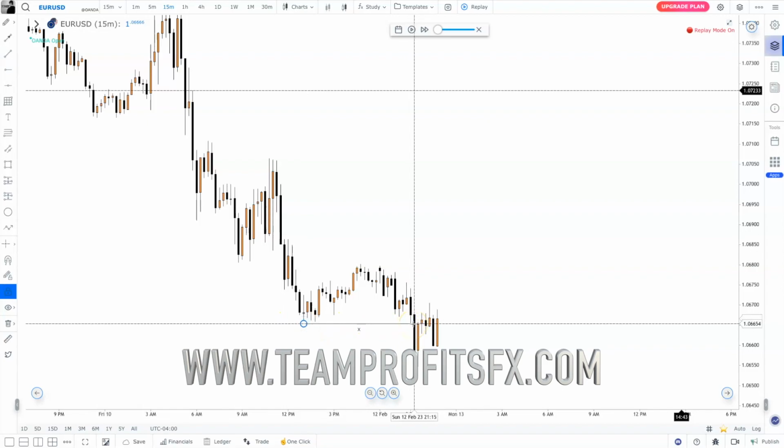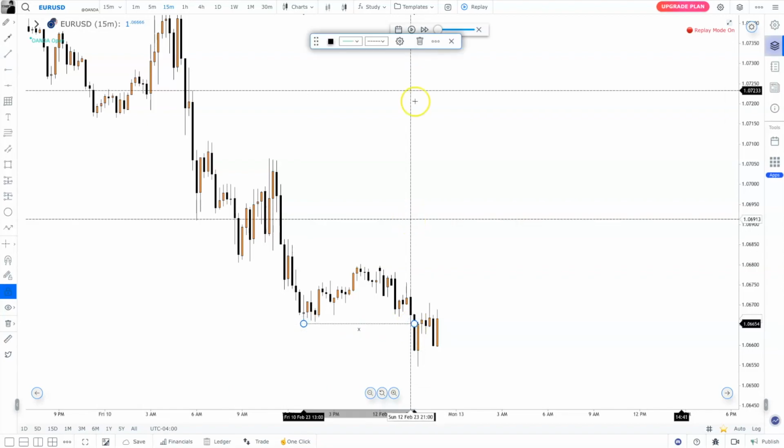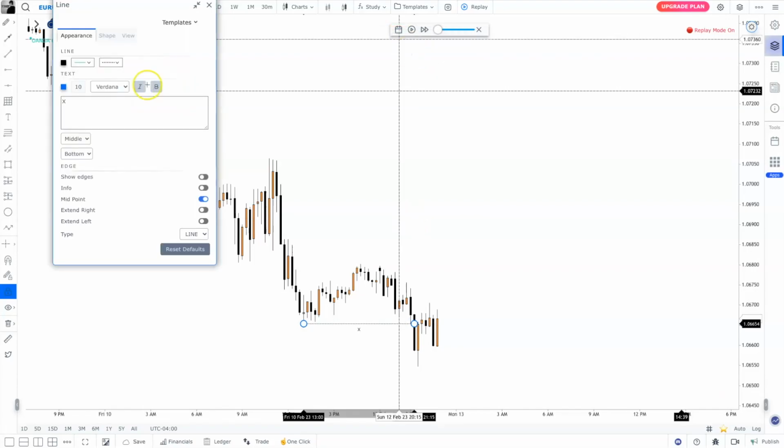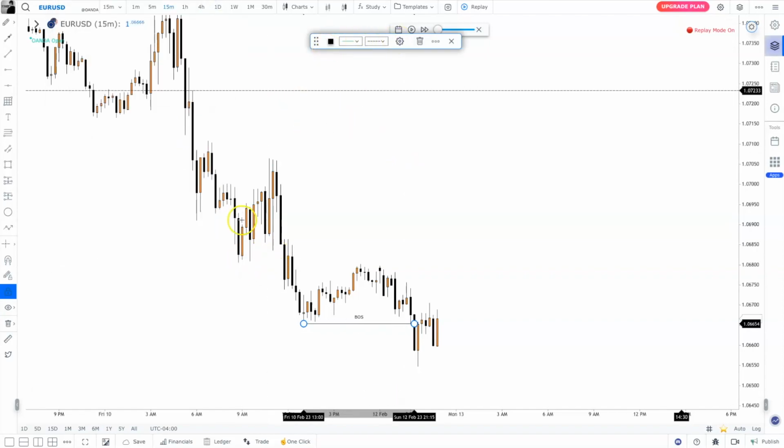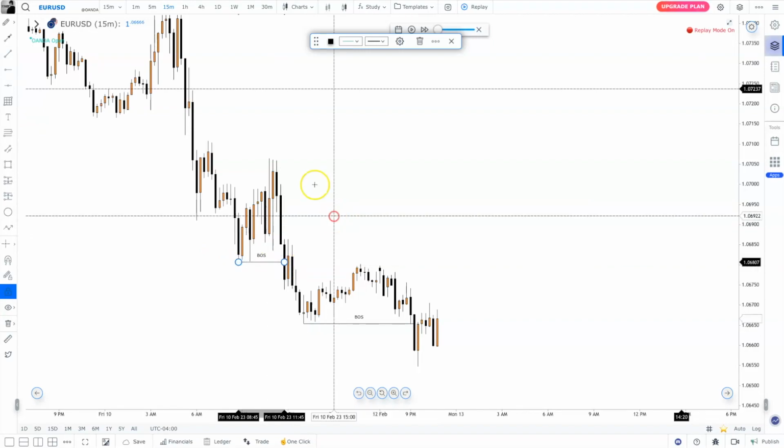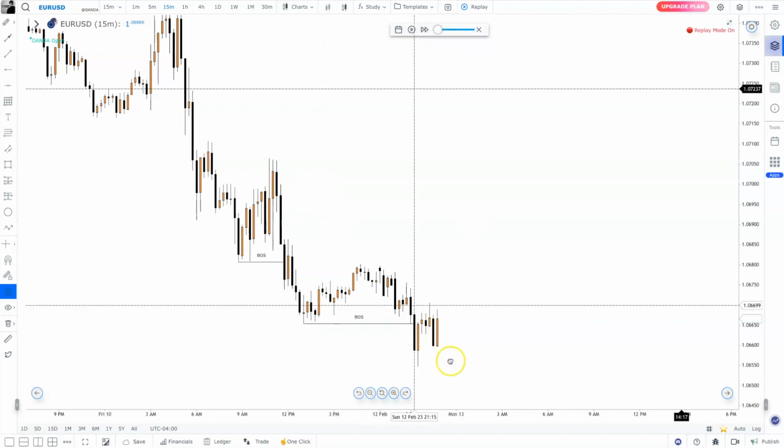The last break that we had, we can call this a BOS. You're coming from the top here. You can also mark up this one as the BOS as well. Alright, so we see the market is definitely downtrending.